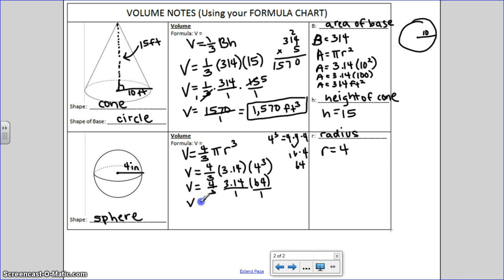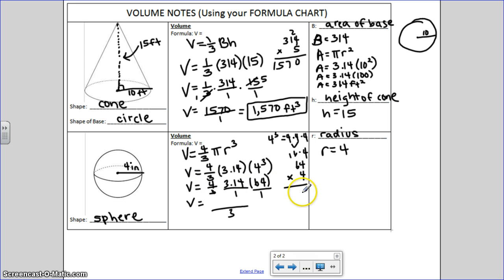So I'm going to go straight across. Okay, well, I can already tell you that my denominator is 3 times 1 is 3, and 3 times 1 is 3. So my denominator is 3, and then I'm going to multiply 64 times 4. This right here times this 4.